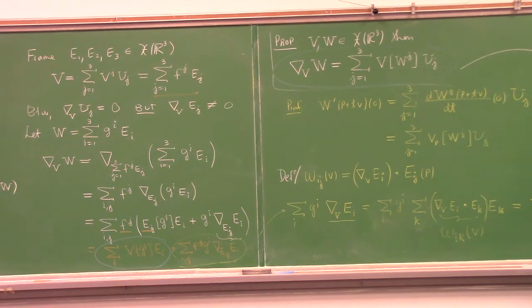The covariant derivative of V of W is actually equal to the sum, J equals 1 to 3, of V of GJ, EJ, plus the sum, and you can combine these if you want, over I and K of G upper I omega IK of V, EK.